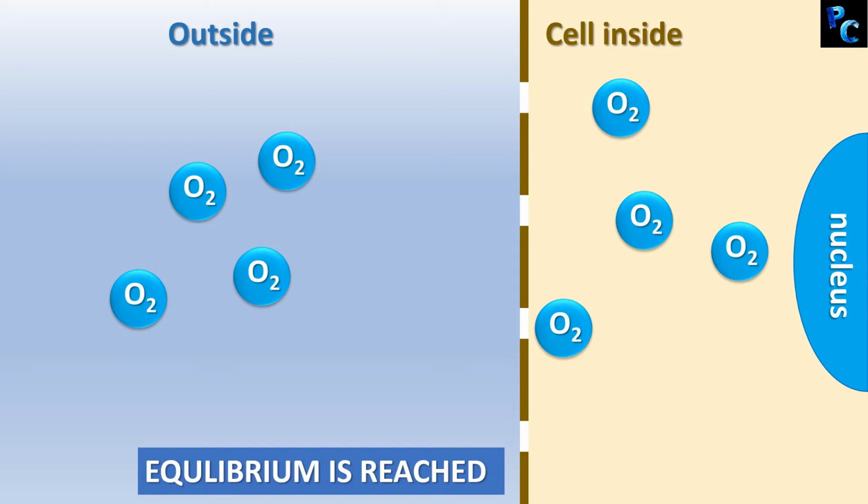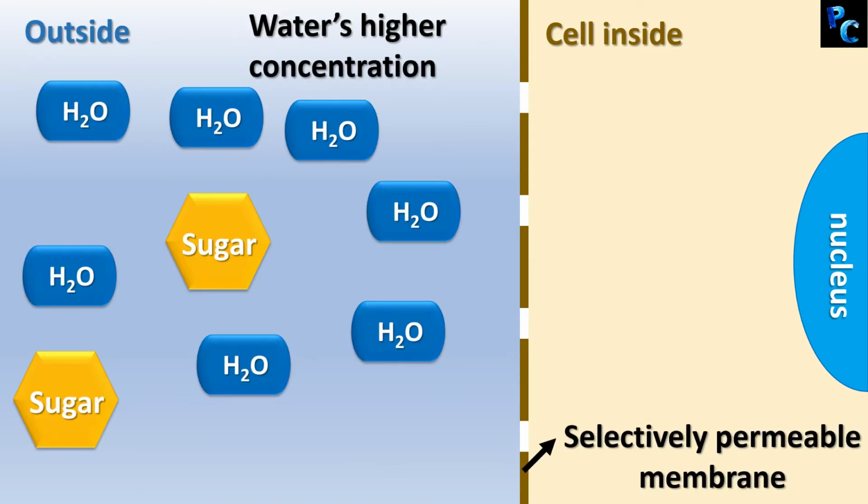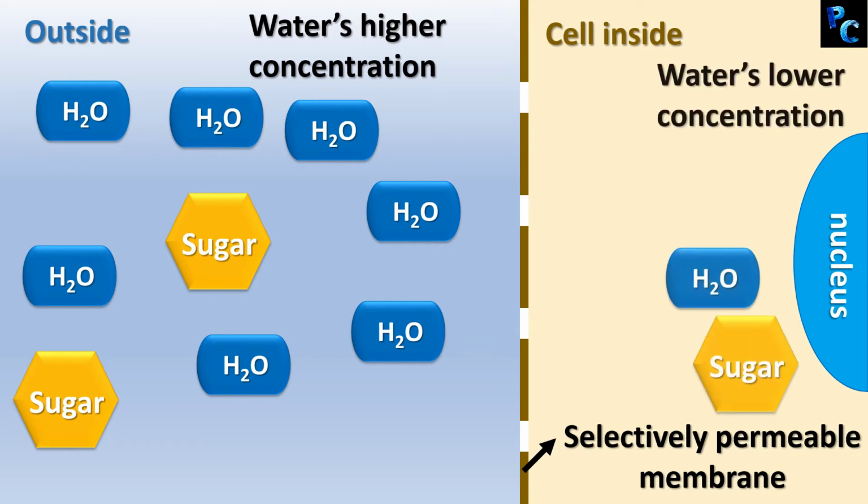Thus, you can understand that diffusion plays a very important role in gaseous exchange between cells as well as between cells and their external environment. In case of water, when movement of water molecules occurs through a selectively permeable membrane from a region of higher water concentration to a region of lower water concentration, then it is called osmosis.